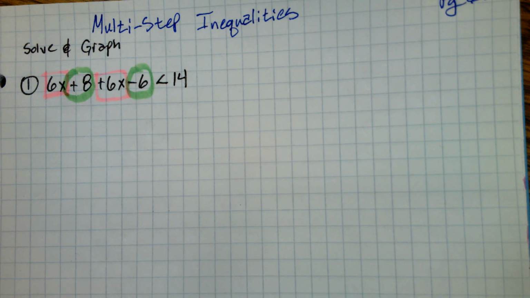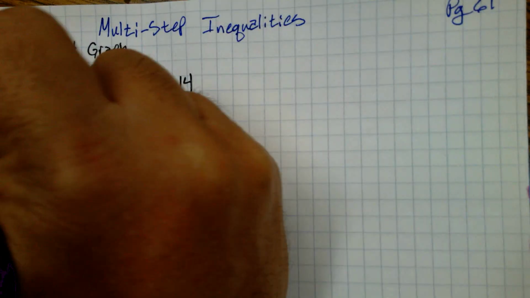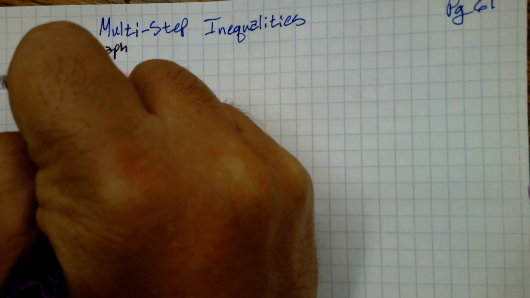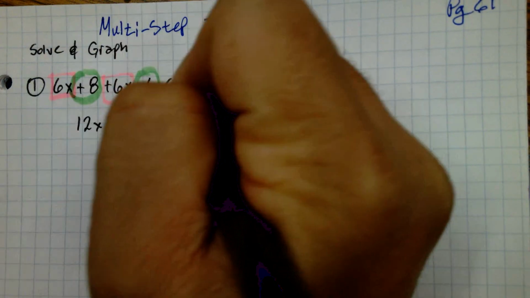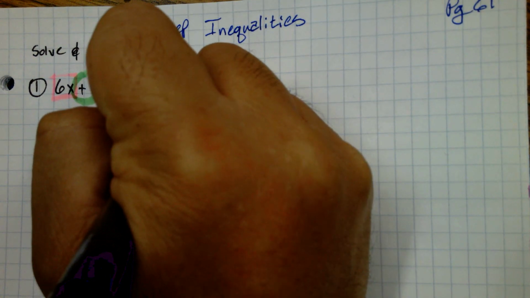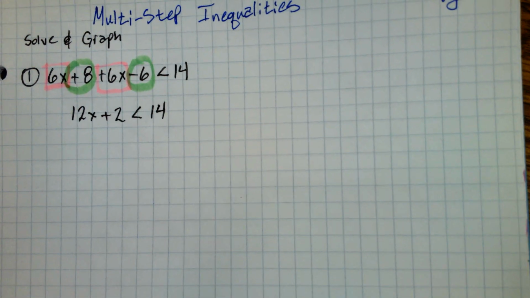So that gives us, what do we get? 6 and 6 is 12x plus 2 is less than 14. Okay. Let's eliminate the constant.